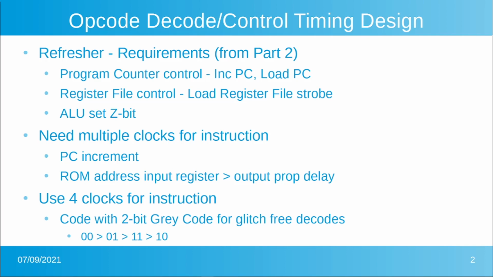There's good reasons, mostly due to glitches, but we'll use what's called a gray code counter. That doesn't count 0, 0, 0, 1, 1, 0. It counts by changing only one bit at a time between states. So it'll go from 0, 0 to 0, 1 to 1, 1 to 1, 0. Kind of a weird count if you're looking at it in terms of decimal, going from 0 to 1 to 3 to 2.